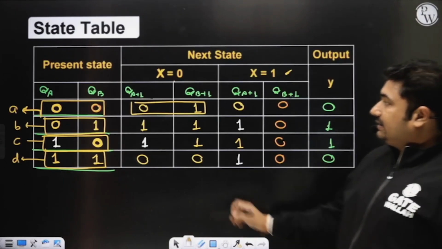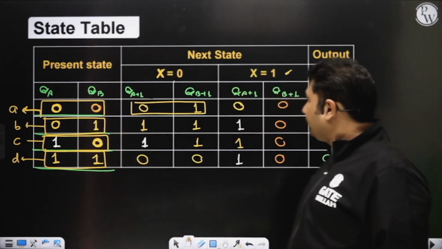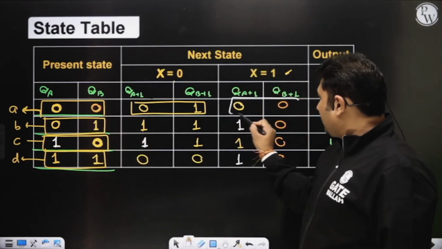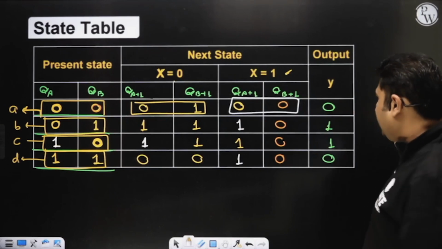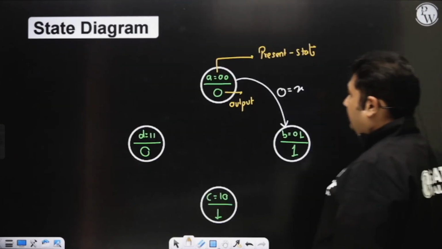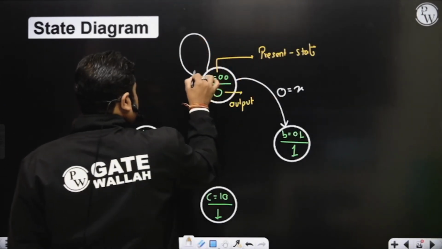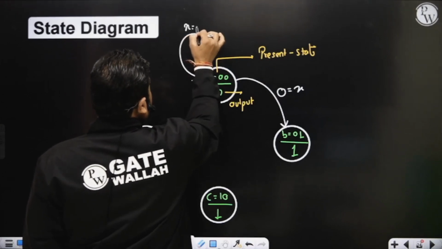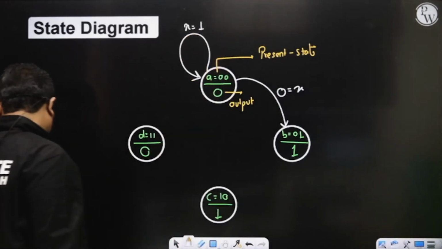Present state a, 0, 0, with input x equal to 1, next state a only and output 0. Great, sir.